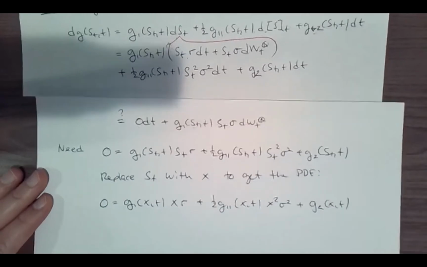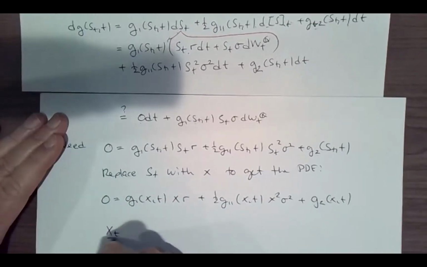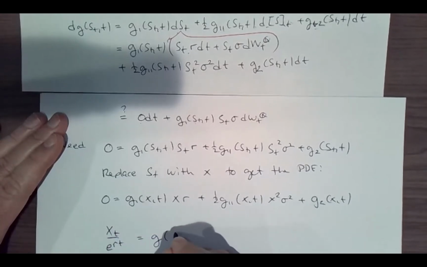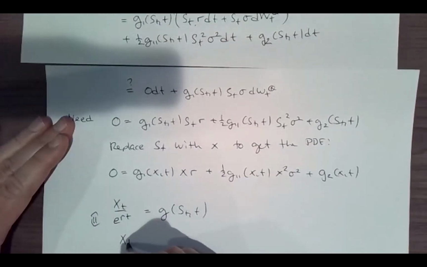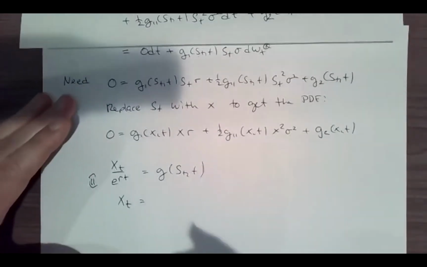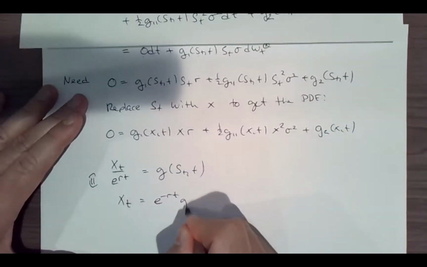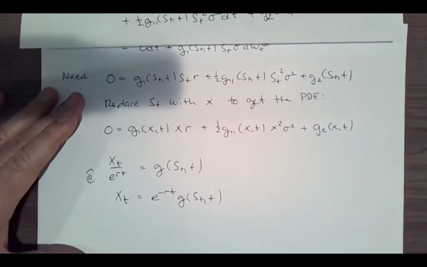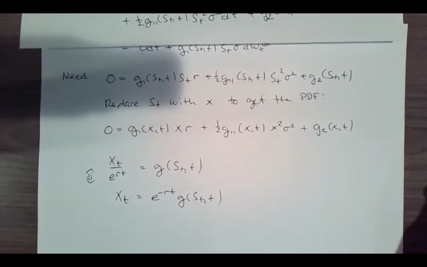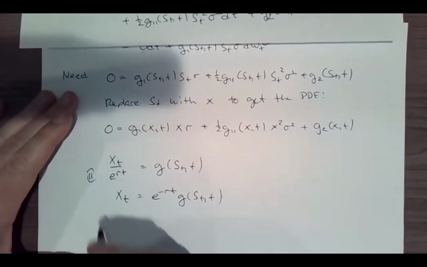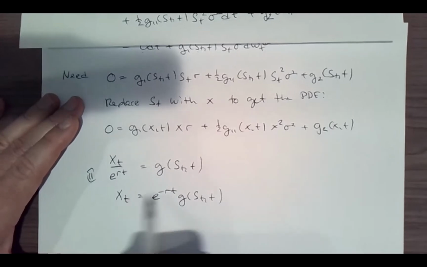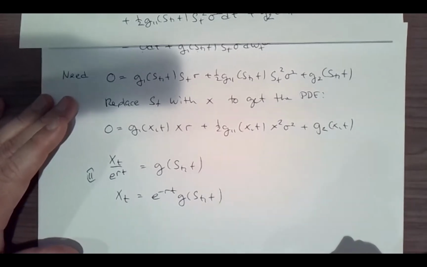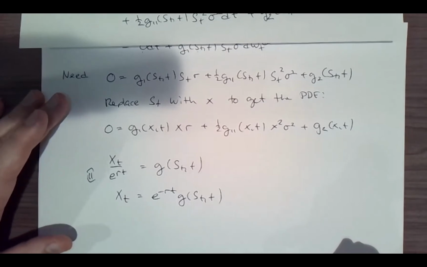So given that I can solve it, I'll then get that my discounted wealth is going to be this G of S_t and t. Equivalently, the replicating portfolio is given as this quantity here. So if I'm interested in the initial wealth that will take me to that terminal payoff, I'll take little t to be 0 here, and this is going to give me the initial value of the replicating portfolio.